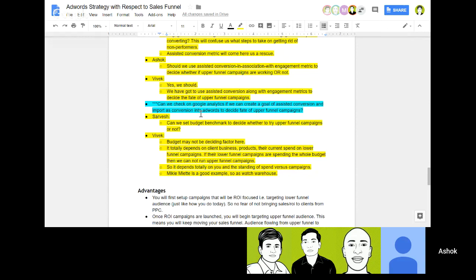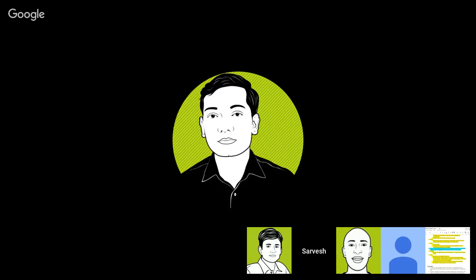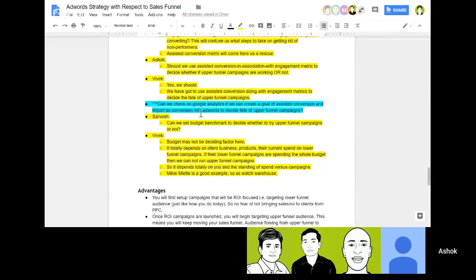They have $1,000, but we are only spending 500, and we have all the lower funnel campaigns running: branded, Google Shopping, remarketing, important non-branded campaigns targeting lower funnel stage. Still you are spending only $500 and your return is great. That means you have room to spend an additional 500 on upper funnel.